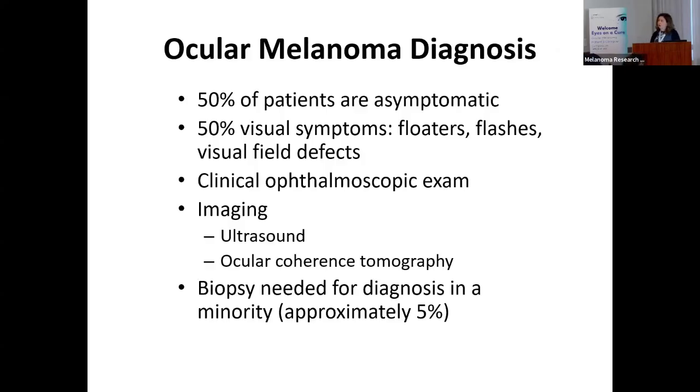As you know, probably better than I, there's a variety of symptoms that can be associated with ocular melanoma. 50% of patients will have some type of visual symptom, a floater, a flash, or a defect in vision. But 50% of melanomas are discovered on dilated eye exam in patients without a symptom.